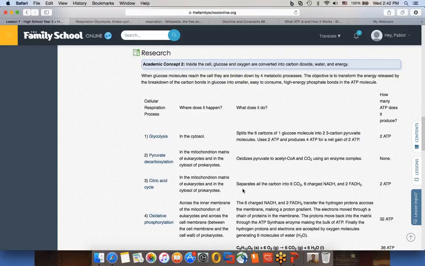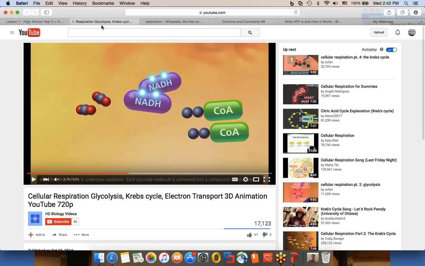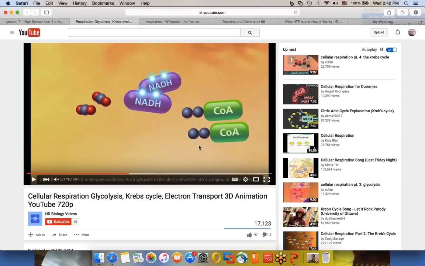So what then happens in the mitochondria is it oxidizes the pyruvate to acetyl-CoA. It's pronounced acetyl-CoA. In the video they show it this way.